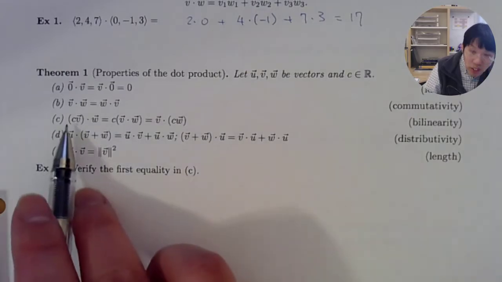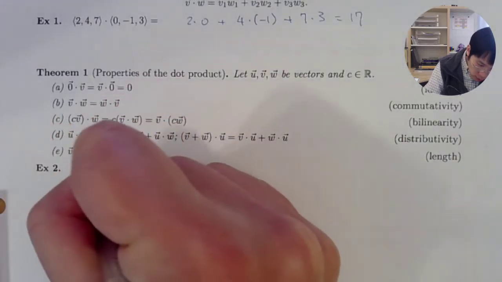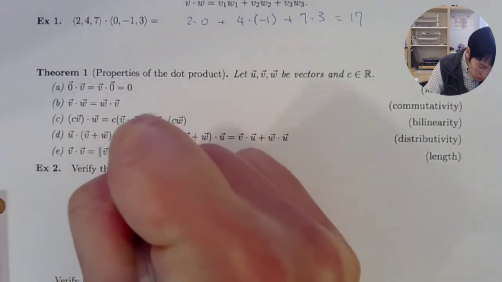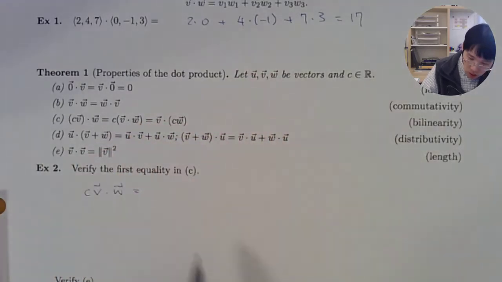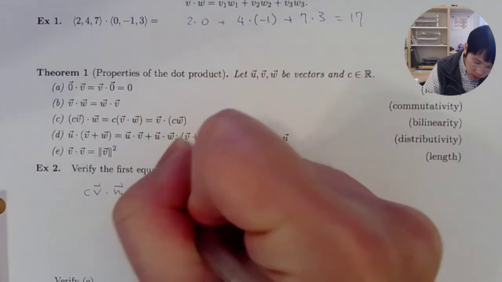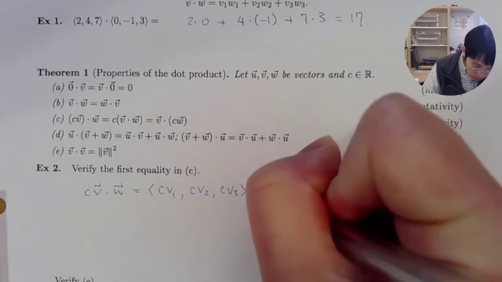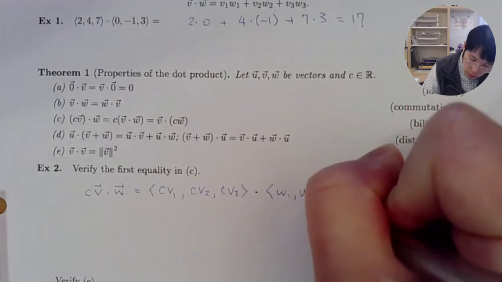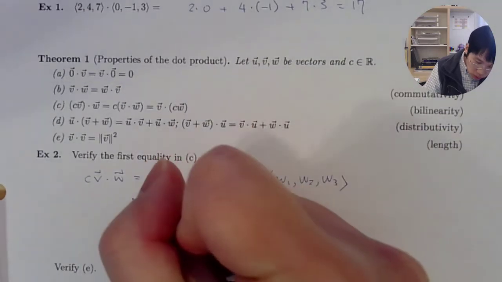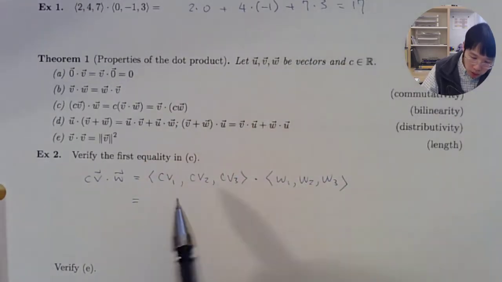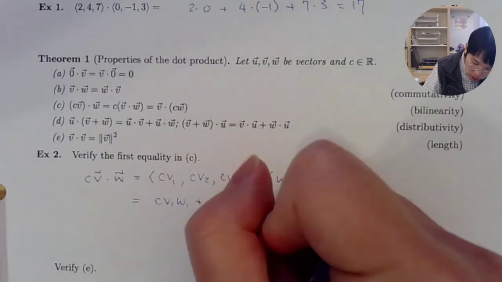So in order to verify the first equality here, I could write it out in component form. So cV, if V has three components, I could write it as cV1, cV2, cV3 dot W1, W2, W3 for the three components of W. And then according to our definition for dot products, we multiply them together component-wise and then add them together.